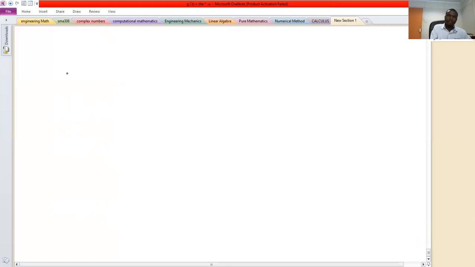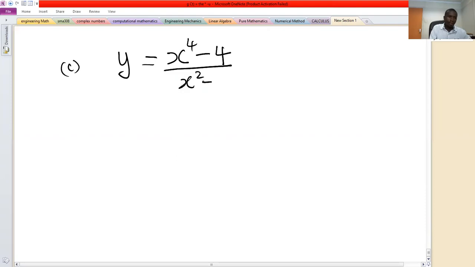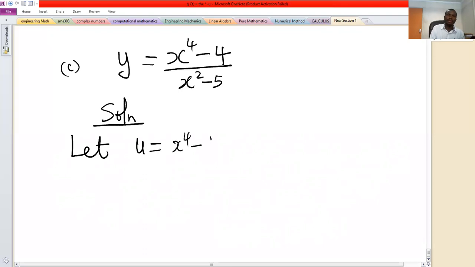Part C: y is (x to the power 4 minus 4) over (x squared minus 5). Now, solution: we let u be x to the power 4 minus 4 and v be x squared minus 5.